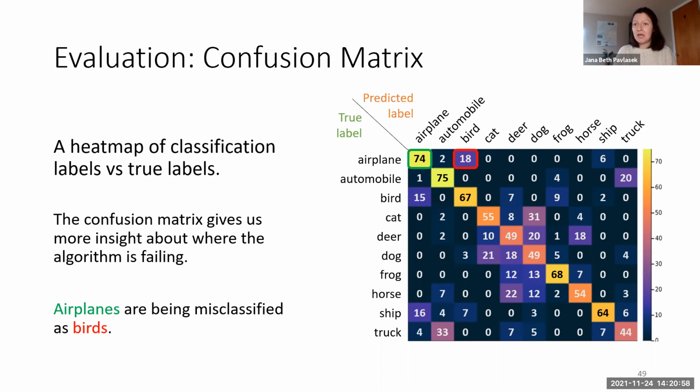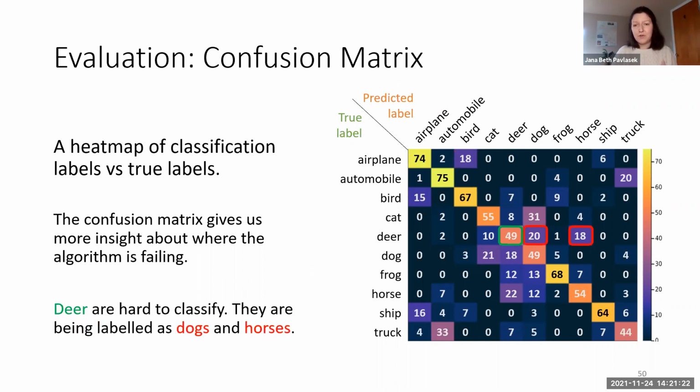That gives us some useful insight. It kind of makes sense, they're both flying things with two wings in the sky. So maybe if we're doing nearest neighbors, it makes sense that some birds might be pretty close to pictures of airplanes. So we've misclassified those.